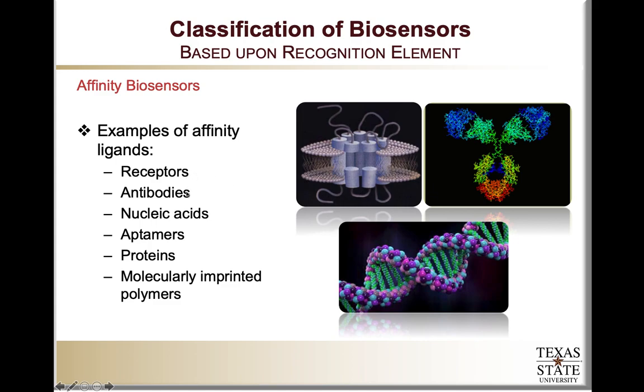In addition to receptors, we also have antibodies. Antibodies are proteins that are made by your immune system to recognize disease or foreign matter. These antibodies consist of this Y shape, and on this Y shape, these regions are called FAB regions, or fragment antigen binding.